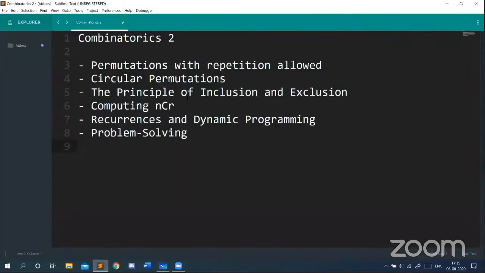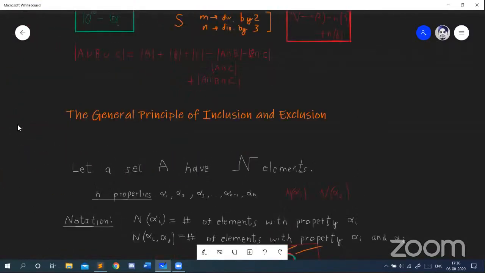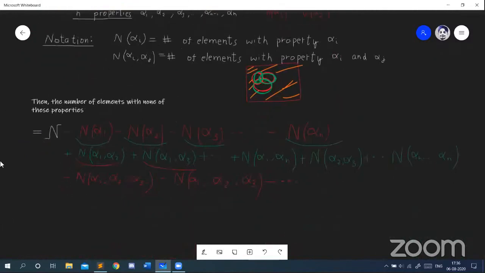Okay, so now one of the last things I had for this session is computing n-choose-r and recurrences, and we'll solve a few problems as well. So if I had to compute this, as we discussed last time, it does follow addition and subtraction alternately.